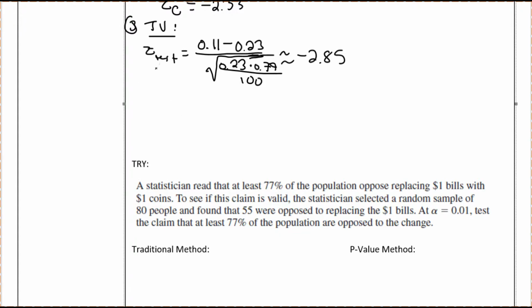Now that we've got the test value, we need to make a decision. I'm going to draw the curve real quick, just a small curve, nothing too crazy. We have our negative 2.85, and I'll do the test value in blue. Negative 2.85 is about negative 3.